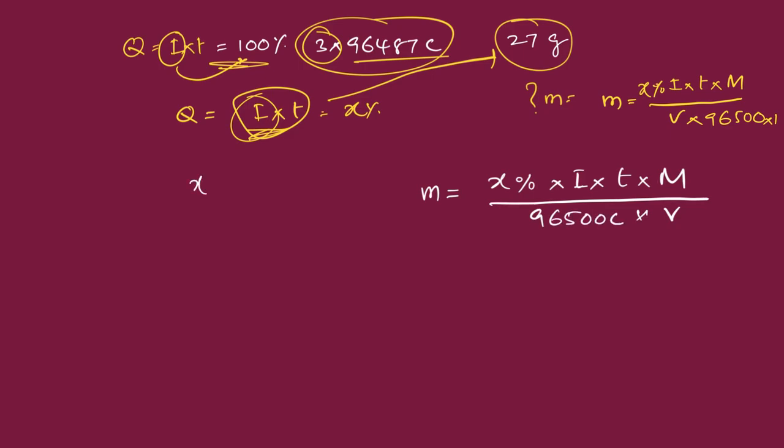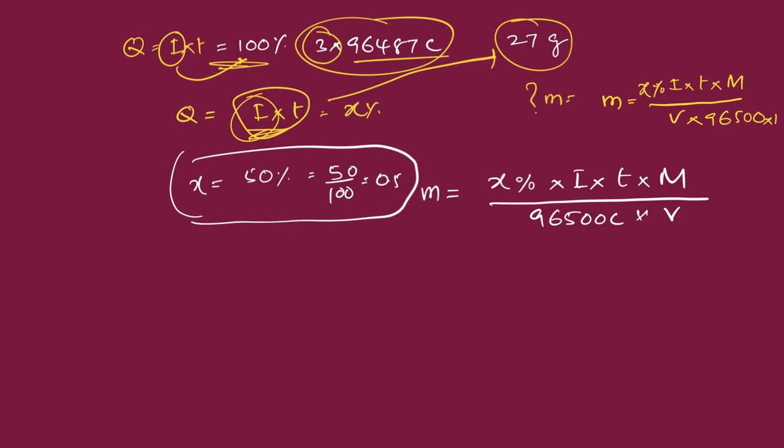So X percentage means, for example, 50 percentage, meaning you can write 50 by 100, which is 0.5. Like this we can write and substitute in the formula. Okay, this is one formula.